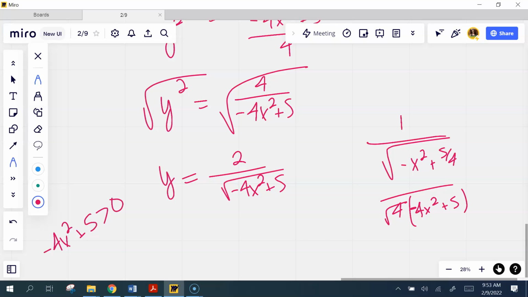Can't be 0 because it's on the bottom. So x squared has to be less than 5 over 4. And then square root. So this is between negative square root of 5 over 2 and square root of 5 over 2. Because I've got a radical and it's in the bottom. 1, it can't be 0. 2, radical has to stay positive. So anytime you get in a situation where your answer's like that, make sure you specify those domain restrictions there.